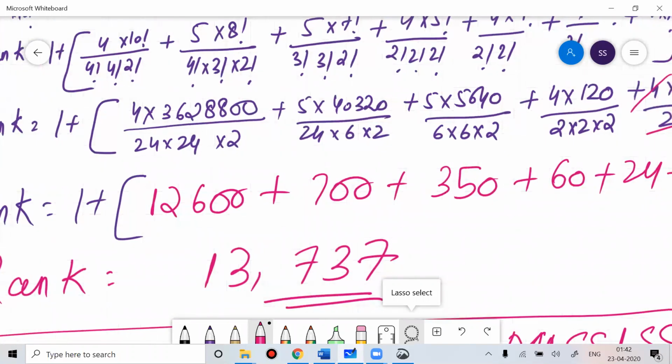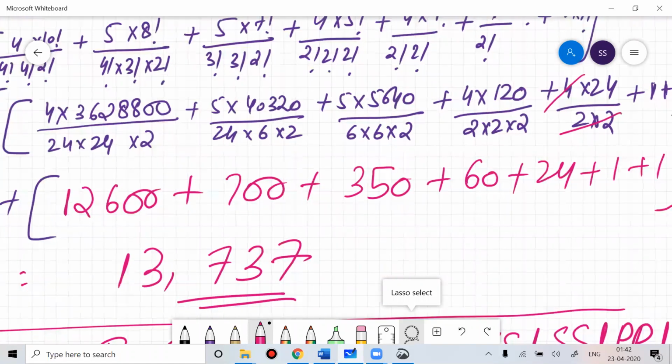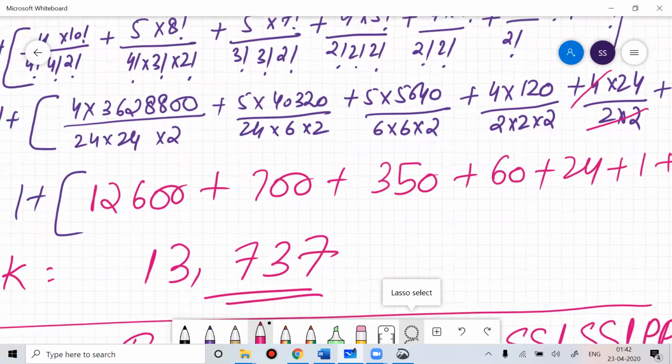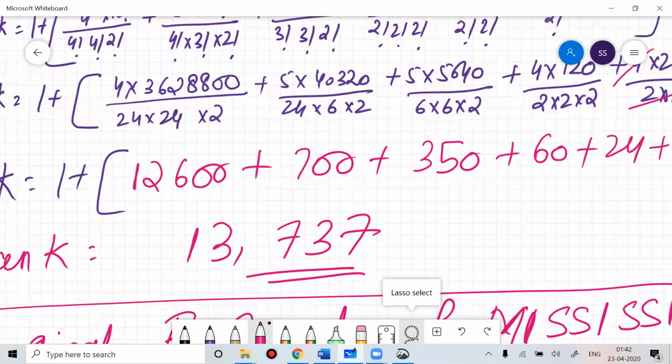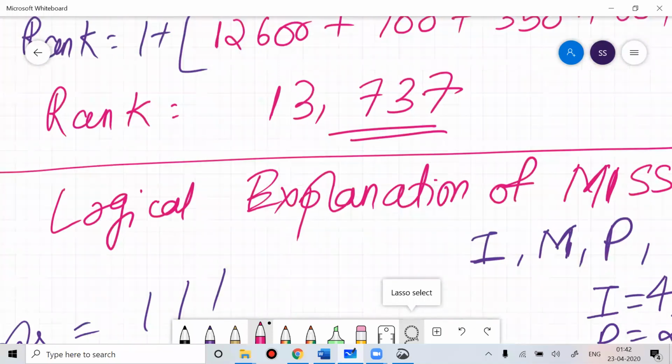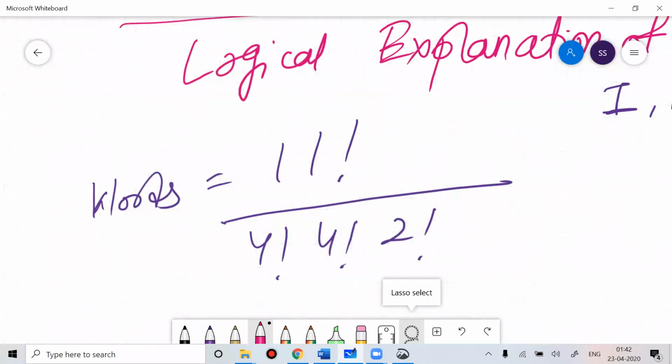Let me do the calculation here. 12,600 plus 700 plus 350 plus 7,600 plus 3 plus 700 plus 350 plus 84 plus 84 plus 3, 7,003, 7,000, 13,737. I'm getting a difference of 2. We are getting a difference of 2.